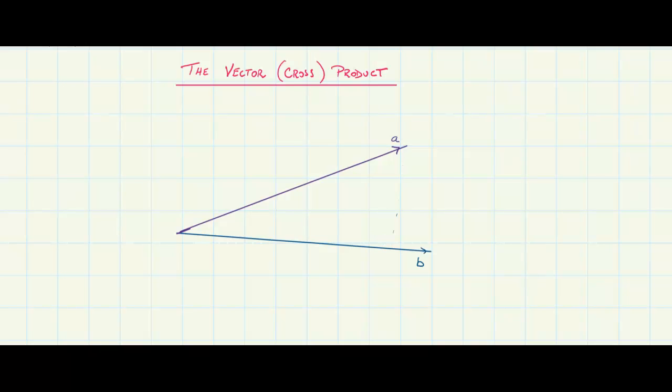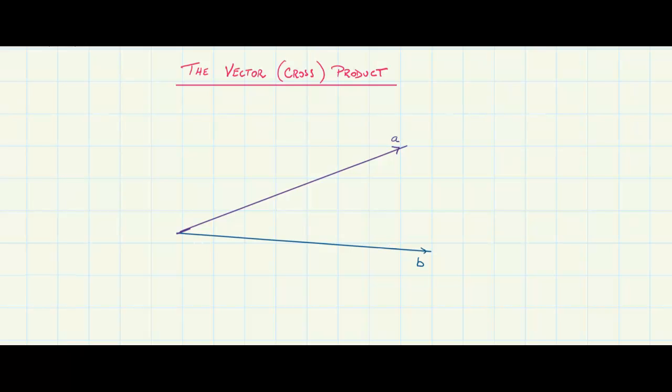What we're looking at now is finding a vector that represents the perpendicular combination of two vectors, that is perpendicular to them. So let me explain. So here's A and here's B. Maybe I can be a little bit neater with this.